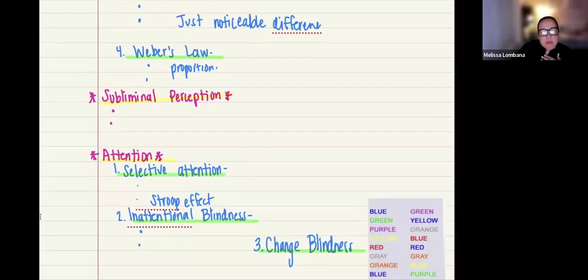Then we have subliminal perception. This is basically stimuli that is right before your absolute threshold. A lot of people say this is the detection of information that is below our conscious awareness.